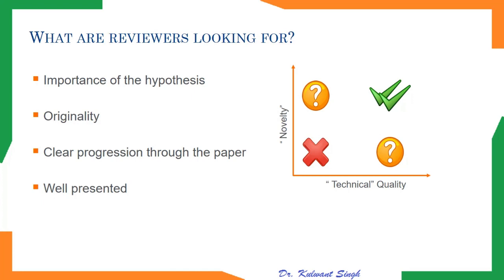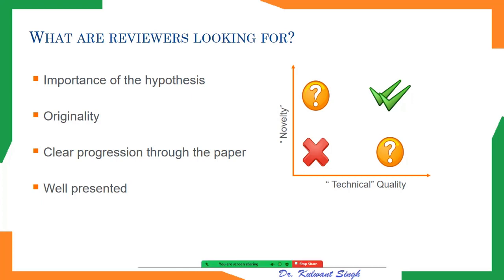They need clear progression throughout the paper, and they need well presented content. Generally, most researchers have good research work, but they fail to present their research in a good manner. That's why they are not publishing their paper in good, or you can say reputed, journals.